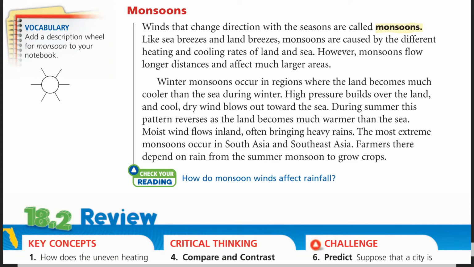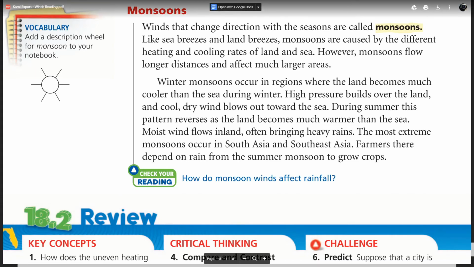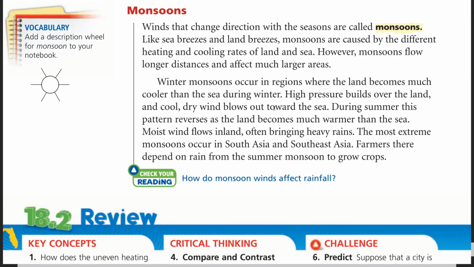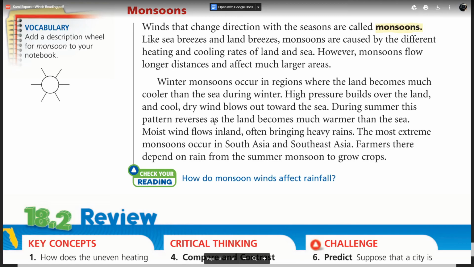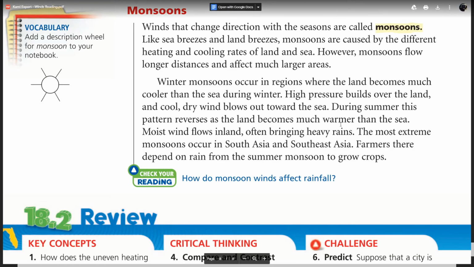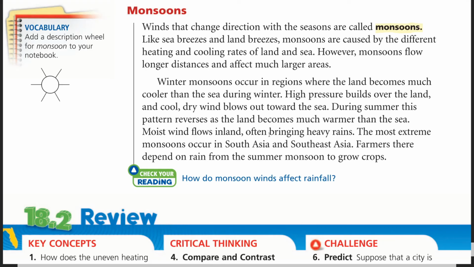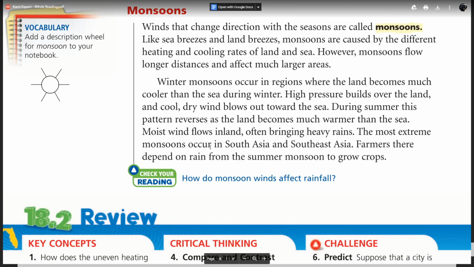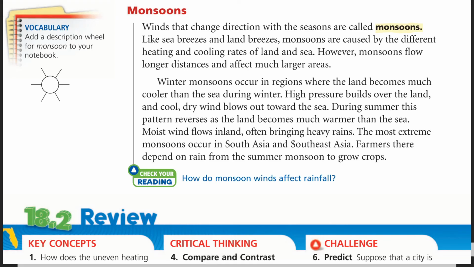High pressure builds over the land, and cool, dry wind blows out towards the sea. During summer, this pattern reverses as the land becomes much warmer than the sea. Moist wind flows inland, often bringing heavy rains. The most extreme monsoons occur in South Asia and Southeast Asia. Farmers there depend on rain from the summer monsoons to grow crops.